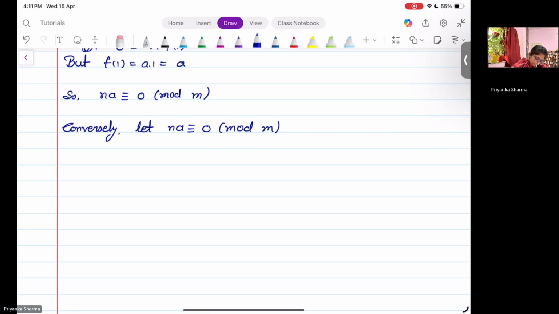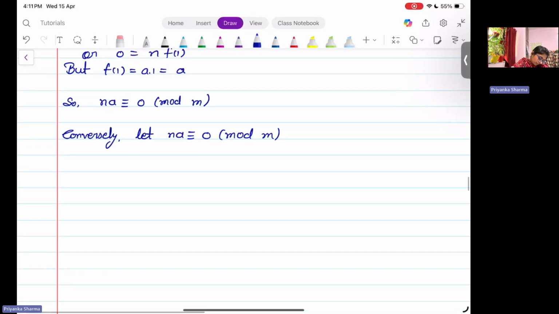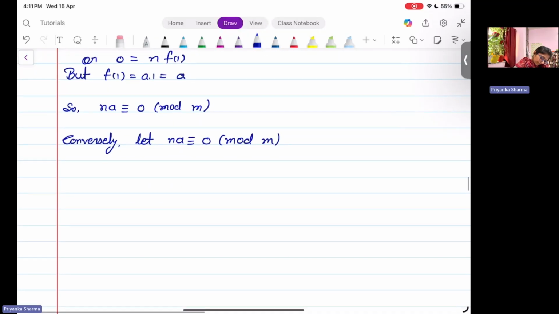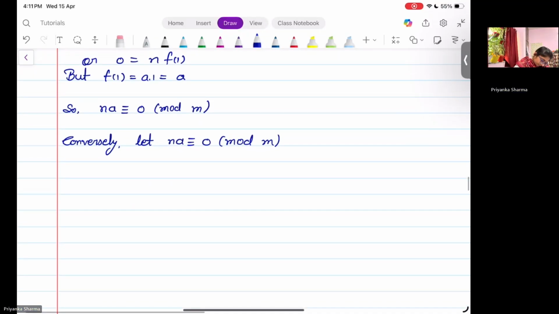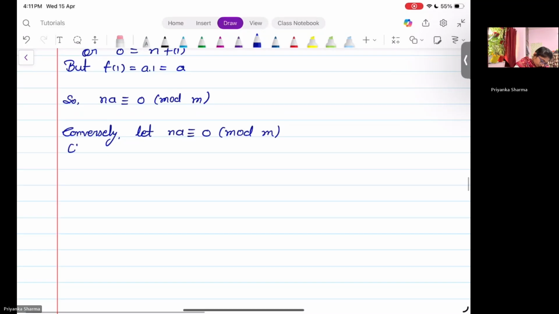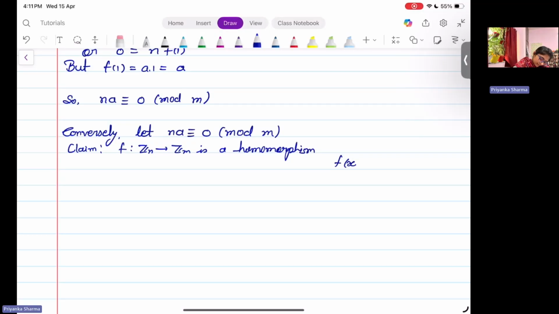So if we want to prove that f from Zn to Zm is a homomorphism, that is, we are willing to prove that f of x plus y is f of x plus f of y.